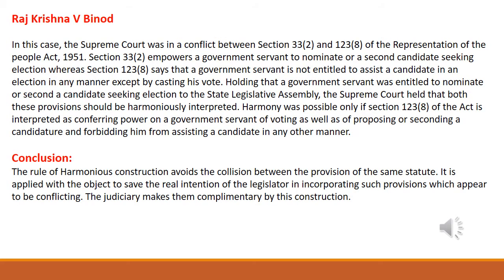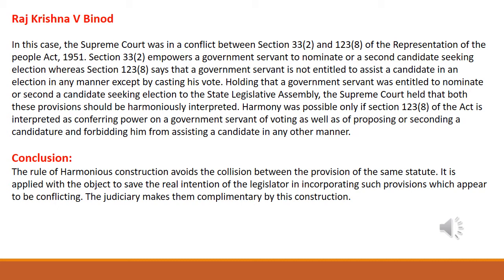In another case, Krishna versus Bino, there was a conflict between Sections 33 Clause 2 and 123 Clause 8 of the Representation of the People Act 1951. Here, no one goes on the upper hand and no one on the lower hand. Section 33 Clause 2 empowers the government servant to nominate or second a candidate participating in an election. Section 123 Clause 8 says that the government servant should not assist the candidate in the election except by casting a vote.